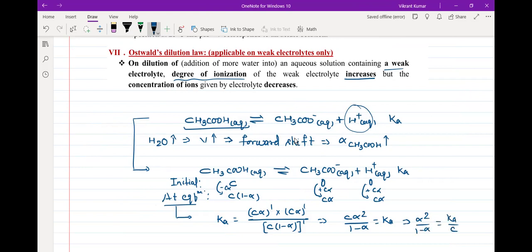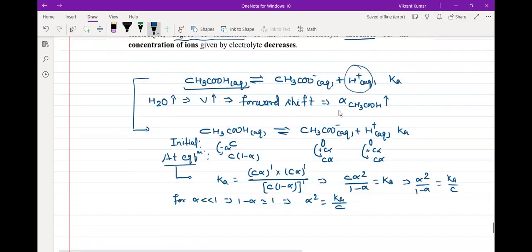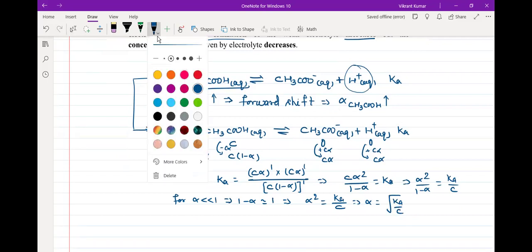Now, if I'm considering the electrolyte to be weak, with alpha much less than 1, otherwise it will become a quadratic which is difficult to analyze, we can write 1 minus alpha approximately as 1. And that's why the equation will become alpha squared is equal to K by C. So alpha is becoming under root K by C. That's the first expression we are going to use.